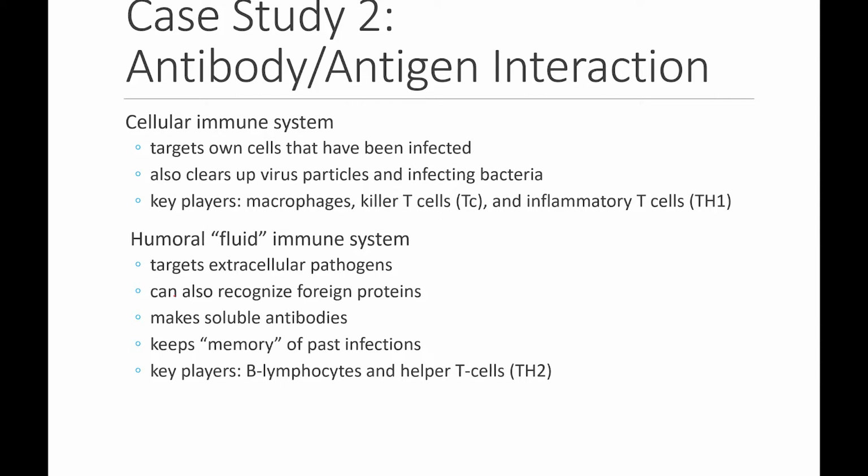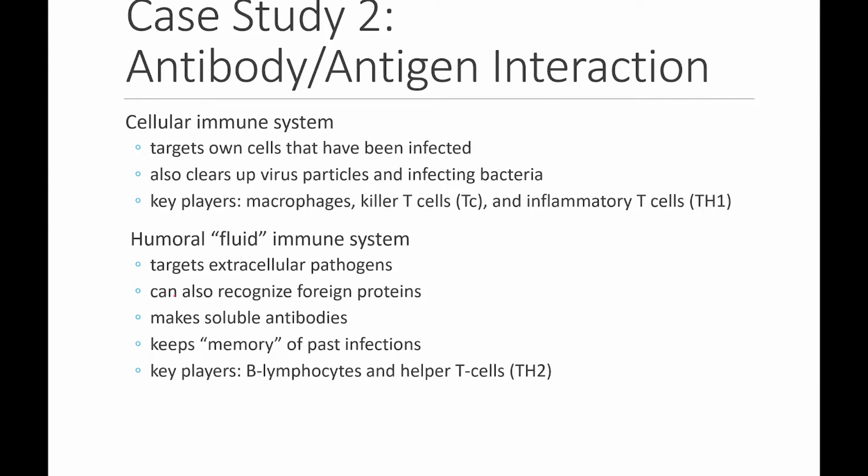This is the immune system that's reserved for infection of the actual biological unit's own cells. This also works for viruses because it clears up virus particles that have been infecting cells, and also bacteria that is infecting cells.